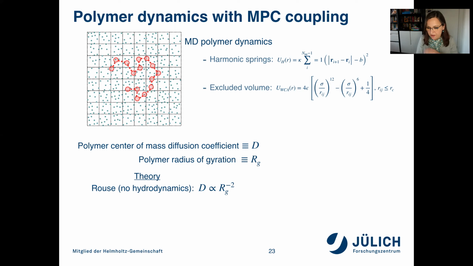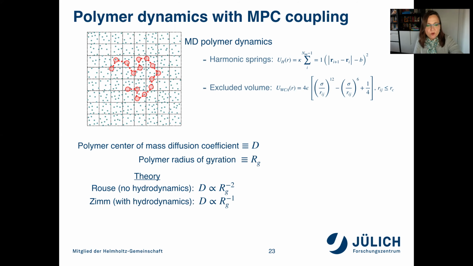But if you do experiments with systems at different lengths, or you do simulations which take into account the effect of hydrodynamic interactions, it is known that the diffusion coefficient should decrease with the inverse of the radius of gyration.